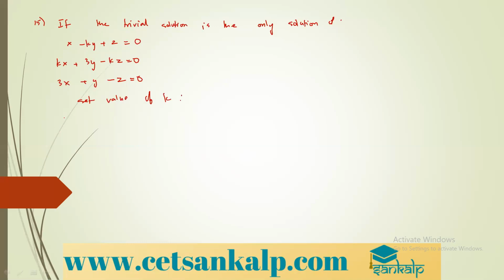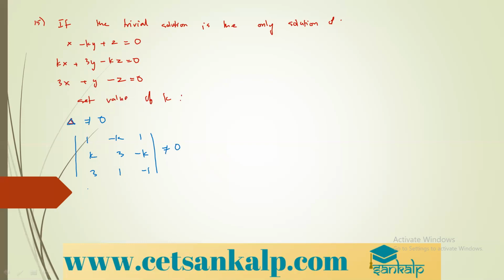Now, because they are saying trivial solution, some points I am telling you in the questions itself, which I did not tell you in the synopsis. Because they are saying trivial solution, delta will not be equal to 0. Take the coefficients as determinant: 1, minus k, 1, k, 3, minus k, 3, 1, minus 1, that is not equal to 0.